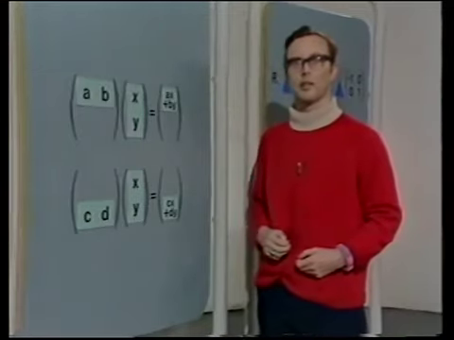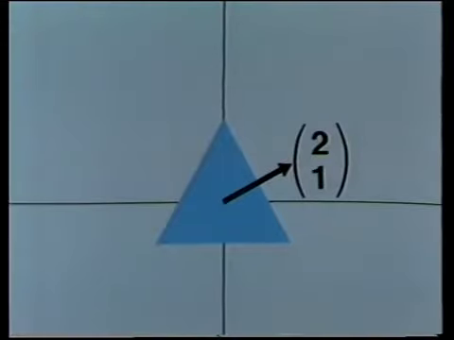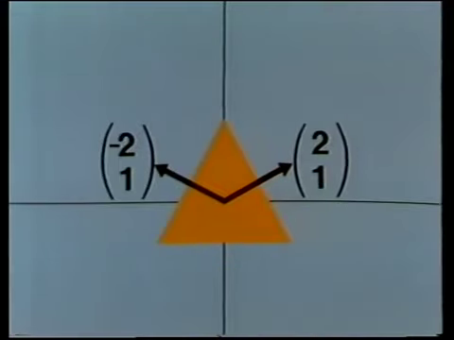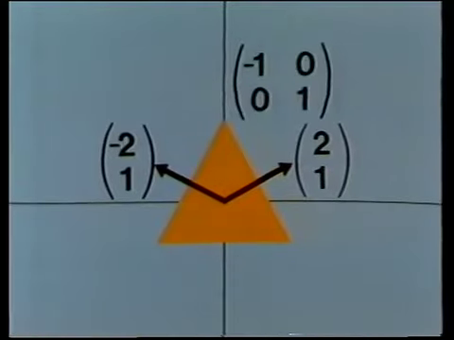Let's now look at this geometrically. Look at the vector 2, 1. What happens when we flip it about the vertical axis? We get minus 2, 1. But how does the matrix tell us that? We'll apply the dot product rule.